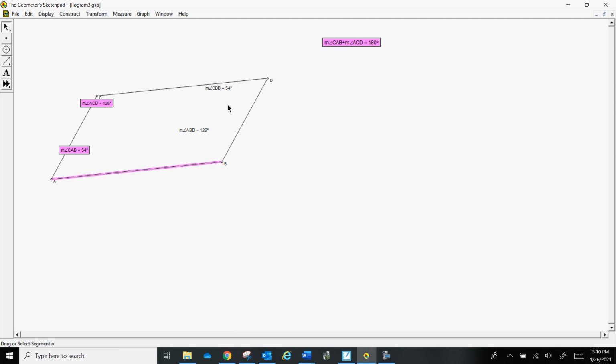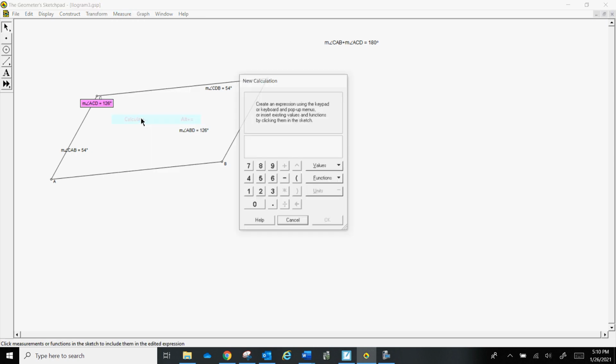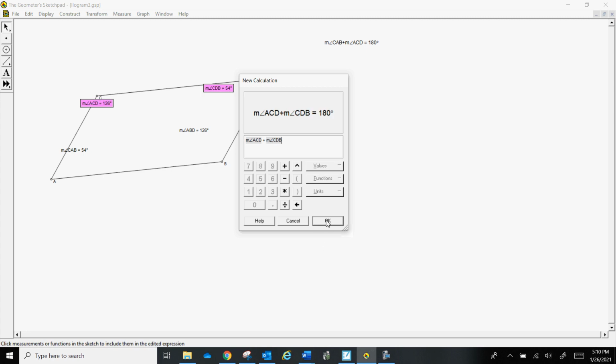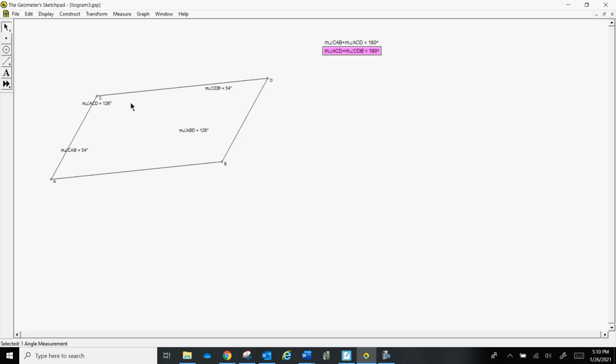So just like a trapezoid, where I said the angles between the bases equal 180, well, that's not only true here. I can measure not just the angles between the bases, but any consecutive angle in a parallelogram. Notice this one right over here. Those are consecutive angles. They add up to 180.